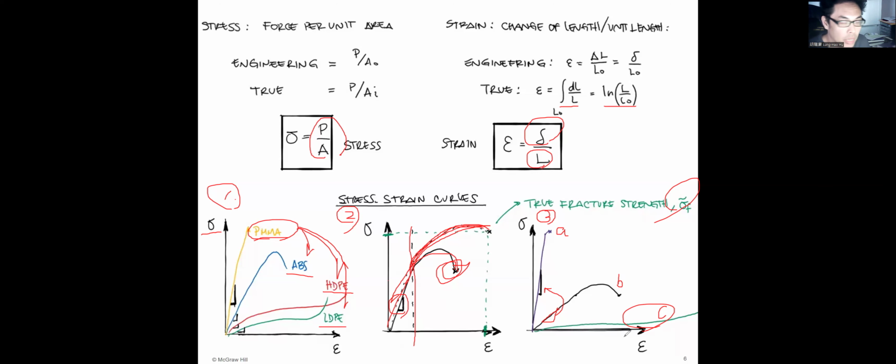We can give any material you can think of. It could be an elastomer, right?